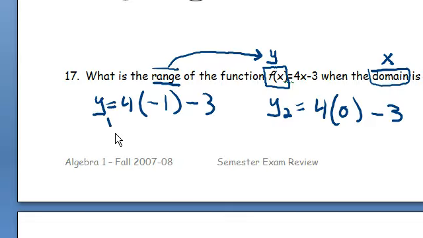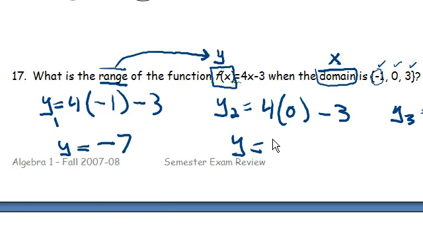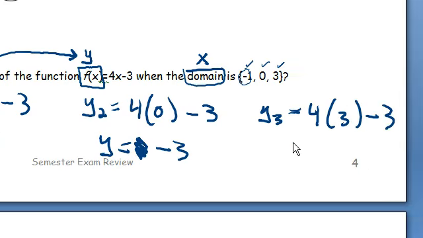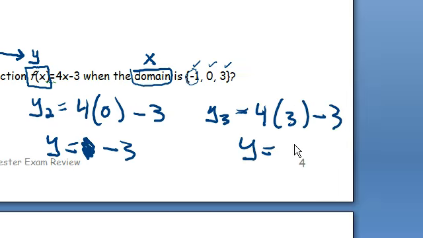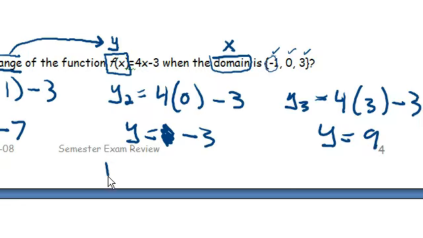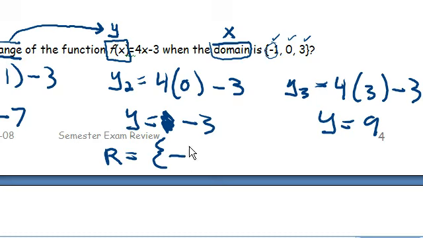So our y's, this one equals -7, this one equals -3, and this one equals 9. So our range is equal to -7, -3, and +9.